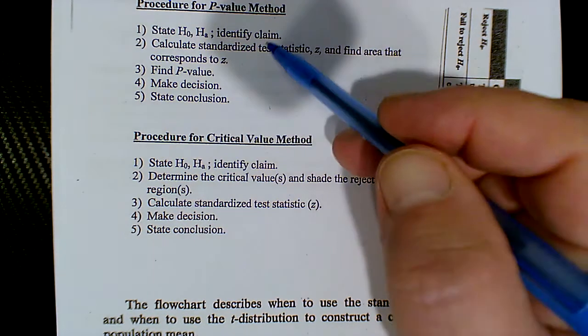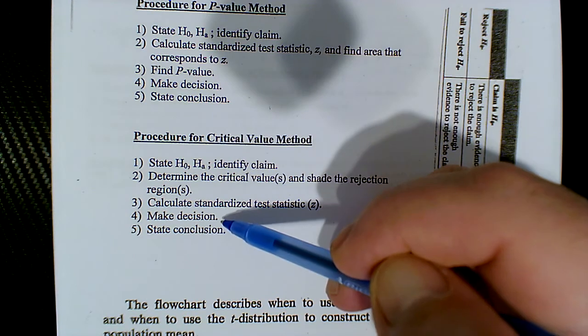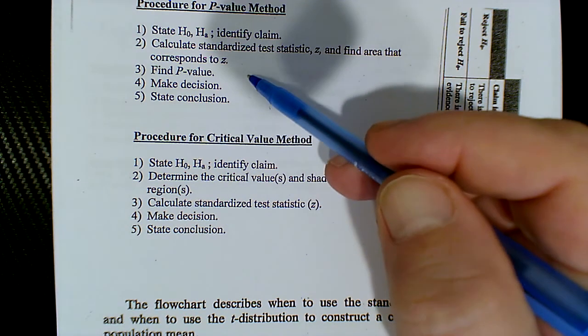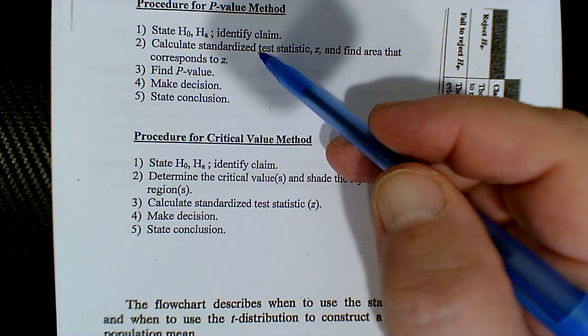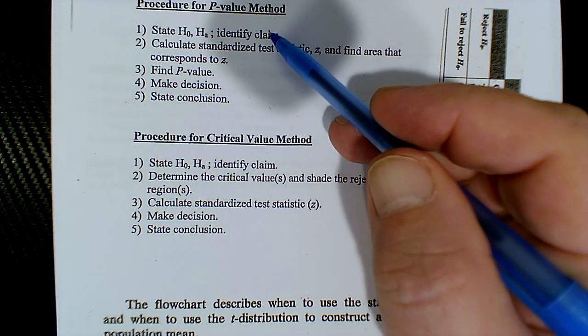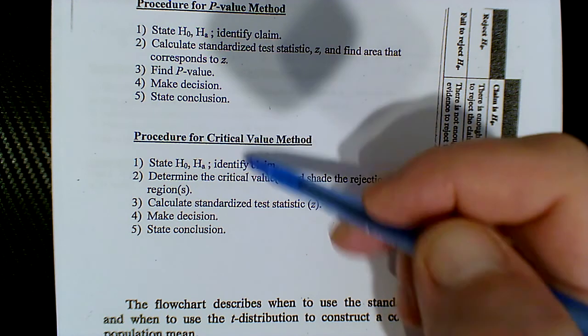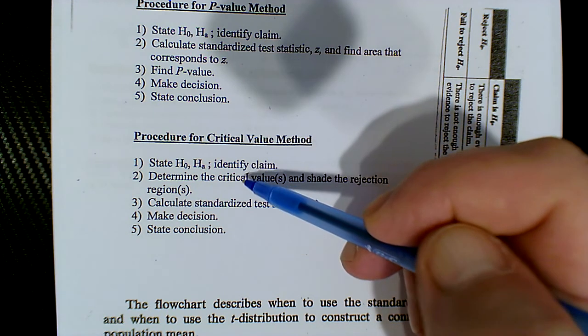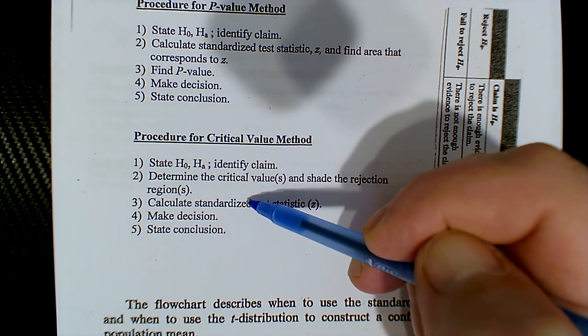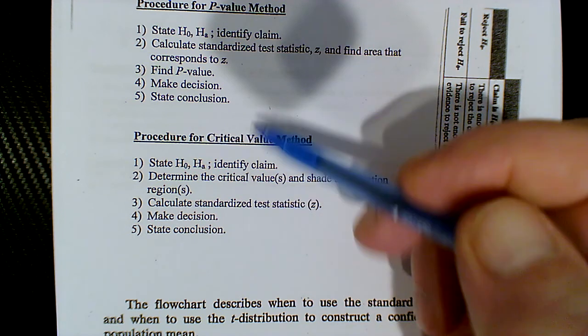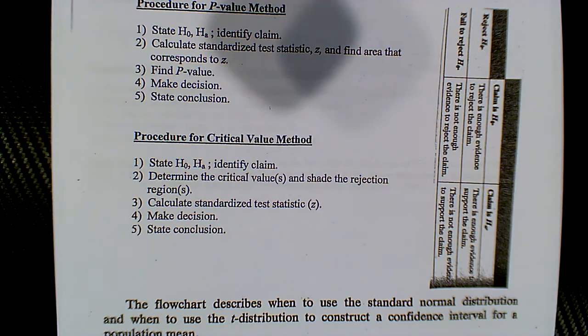Instead of calculating the standardized test statistic first, after stating the hypotheses and identifying the claim, for the critical value method, we determine the critical value first, and then we calculate the standardized test statistic, and then we make our decision based on where the standardized test statistic falls with respect to the critical value.